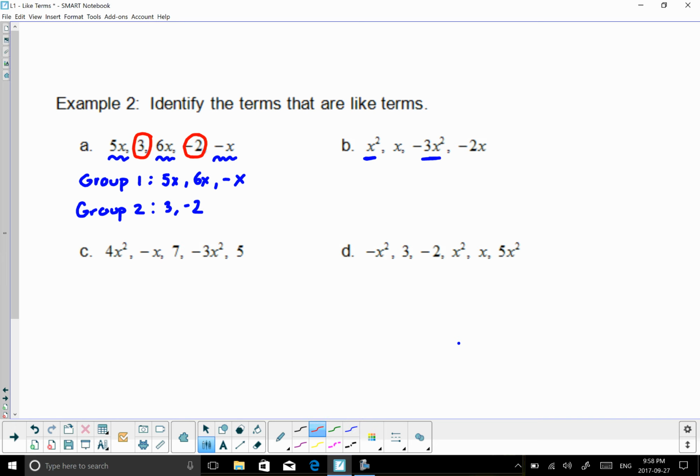Those are like terms, and then these two are like terms because that's just an x and that's just an x. That's my first group. And my second group is x and negative 2x.